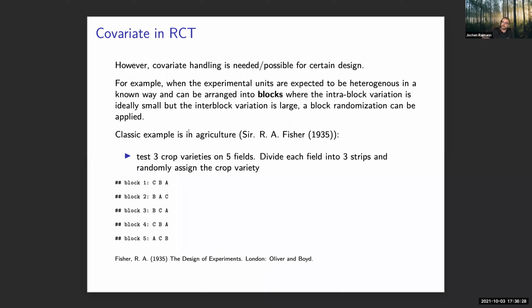A classic example is the one Professor Sang is stating about Fisher and his agricultural comparisons, where you look at crop varieties on 5 different fields. What I'm trying to say is, you have blocks, these experimental units.